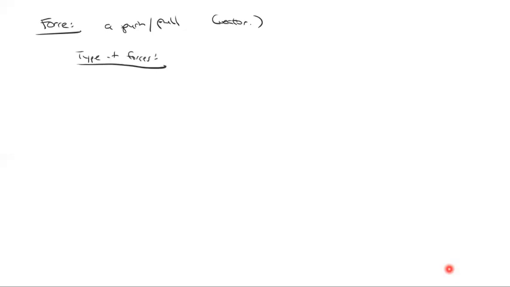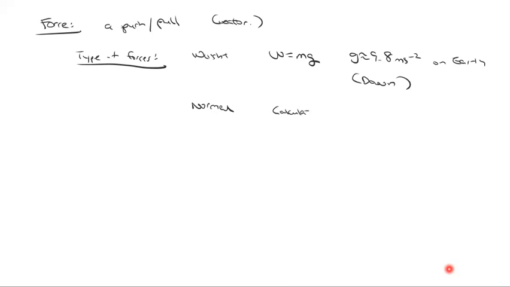The key types you will use in your questions are weight, which is W equals mg, where g is approximately 9.8 meters per second squared on Earth, and you assume this goes downward. There is the normal force, which you will have to calculate, and it's always perpendicular to the surface.